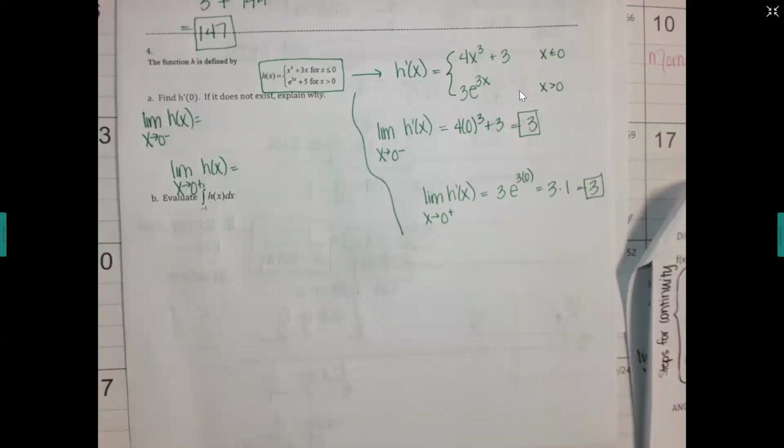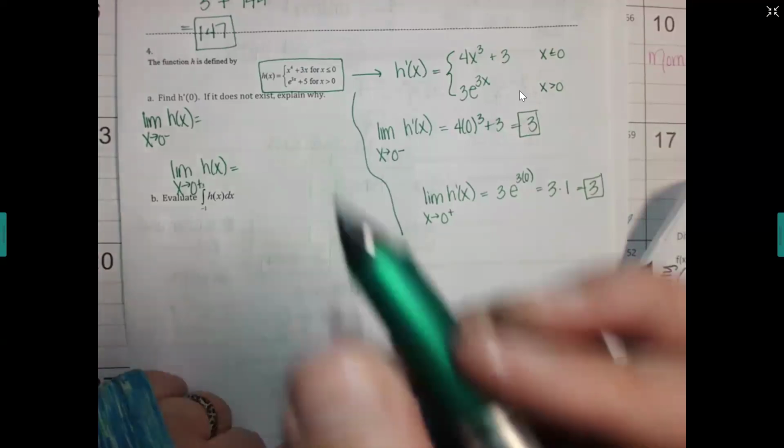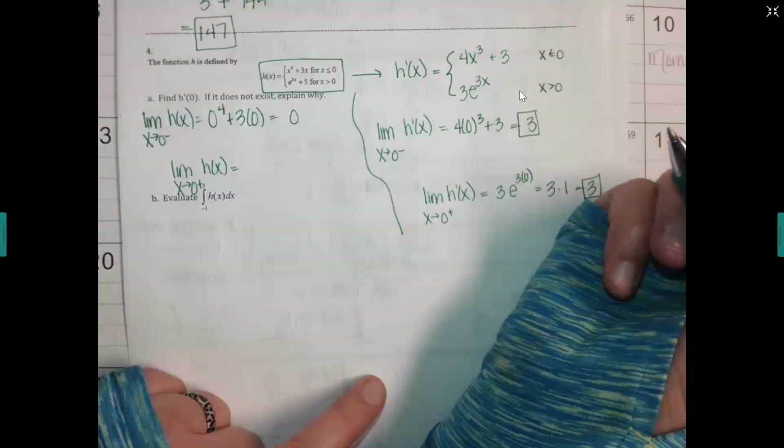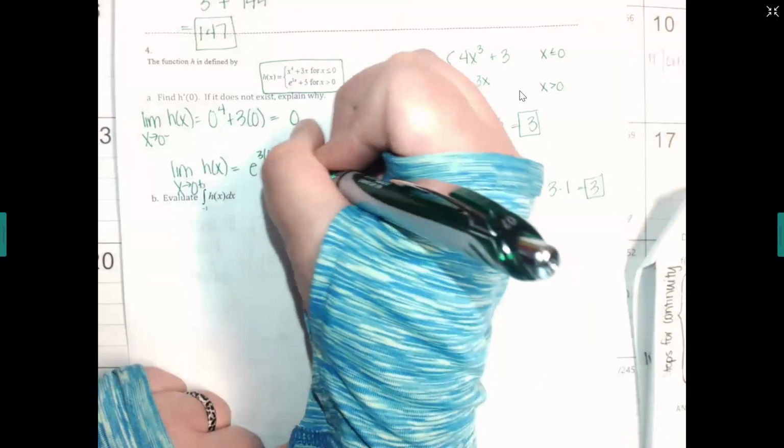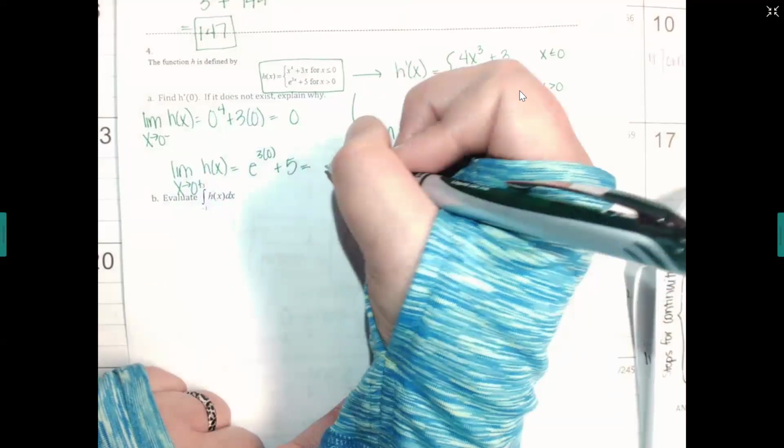Okay, on top, we're plugging in a 0. What are we going to get? So 0 to the 4 plus 3 times 0 is 0. On bottom, e to the 3 times 0 plus 5 gives me 6, because this would come out to a 1 plus 5 is 6.